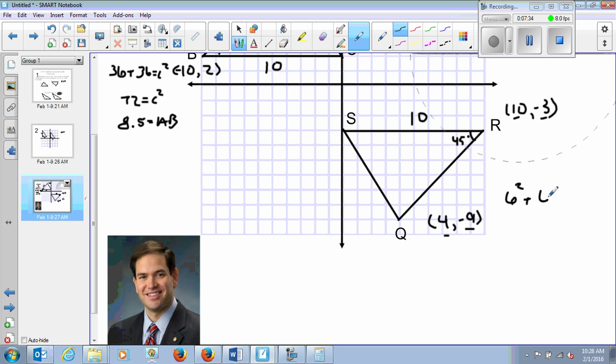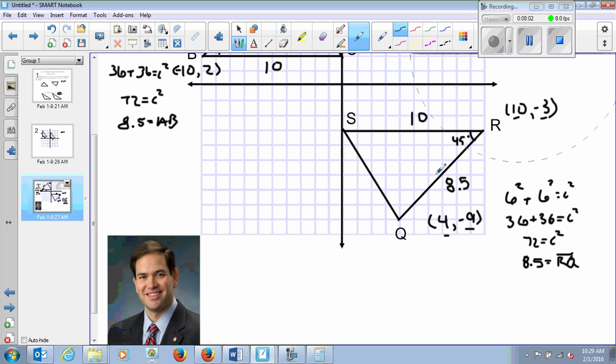They're both negative, so the distance there is always positive, which is going to be 6. Add them together, and you can already see that, hey, these are going to end up being the same. We take the square root, and again, we get 8.5 for side RQ. So RQ is 8.5 as well.